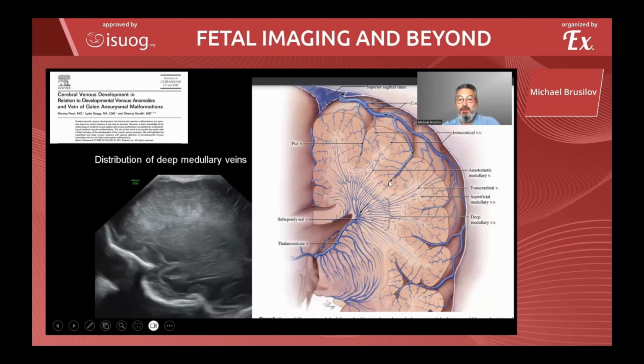In the scheme, you can see here distribution of deep medullary veins and high echogenicity resembles course of the medullary veins.